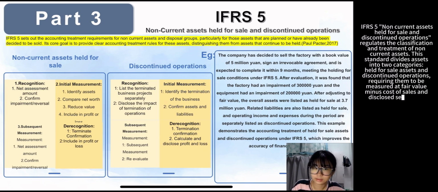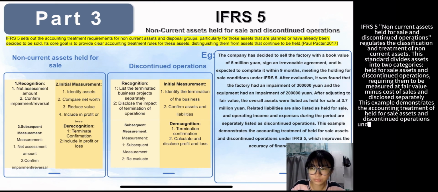The recognition and subsequent measurement identify the measures and the corrections, and there are examples that we can see. The example shows an accounting chart of held for sale assets and discontinued operations under IFRS 5, which improves the accuracy of the financial statement.